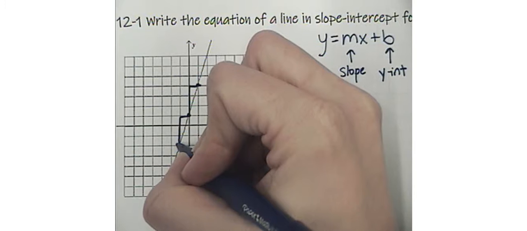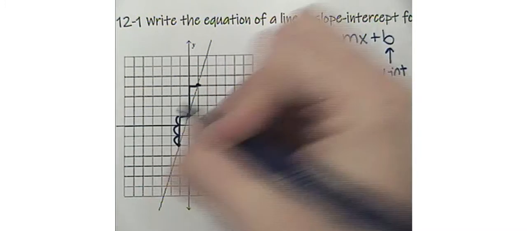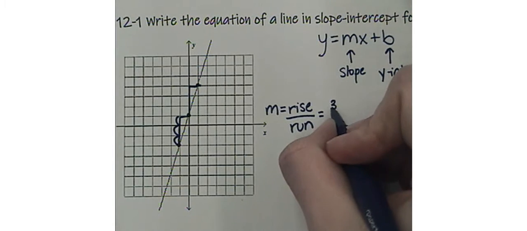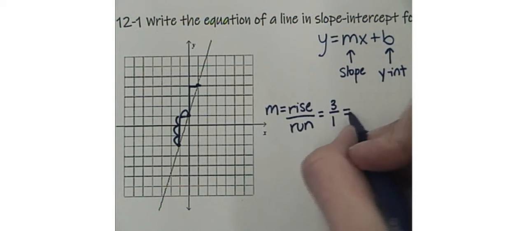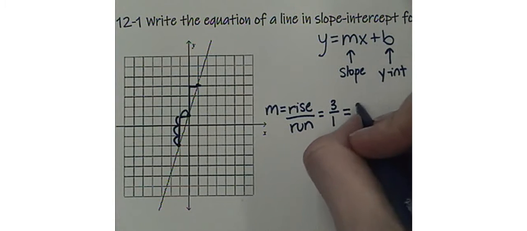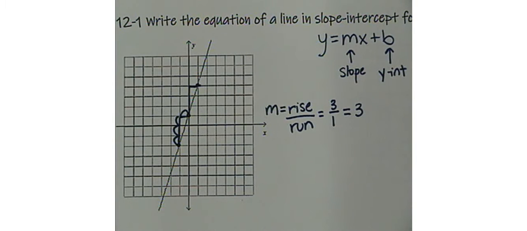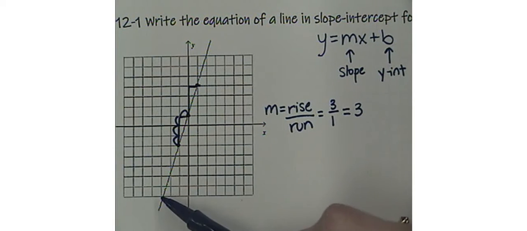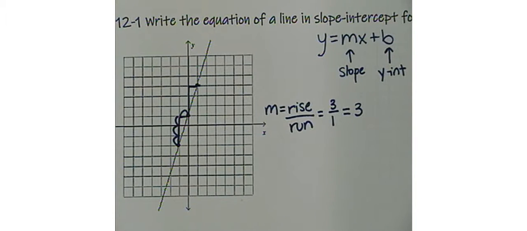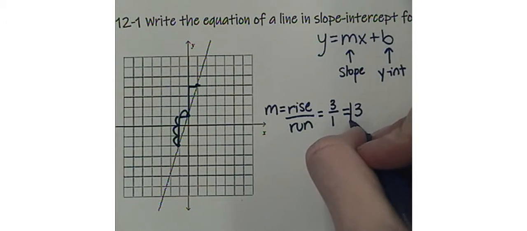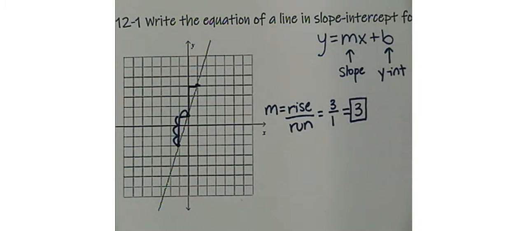And we're going to count 1, 2, 3. My run is 1. 3 divided by 1 is 3. I know that this line is increasing from left to right. It's going up, so my slope is positive. So I have the slope.